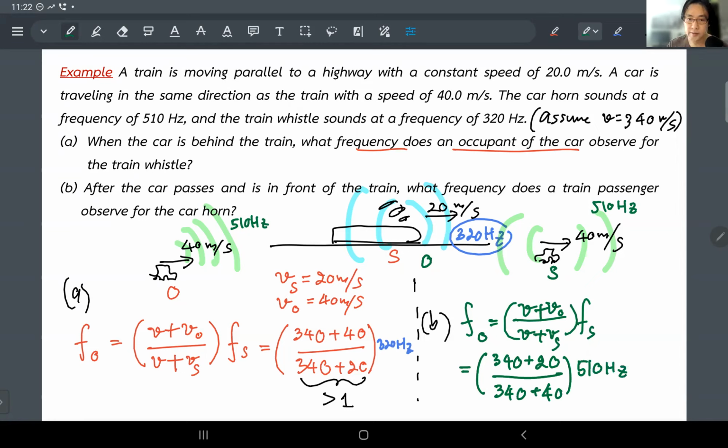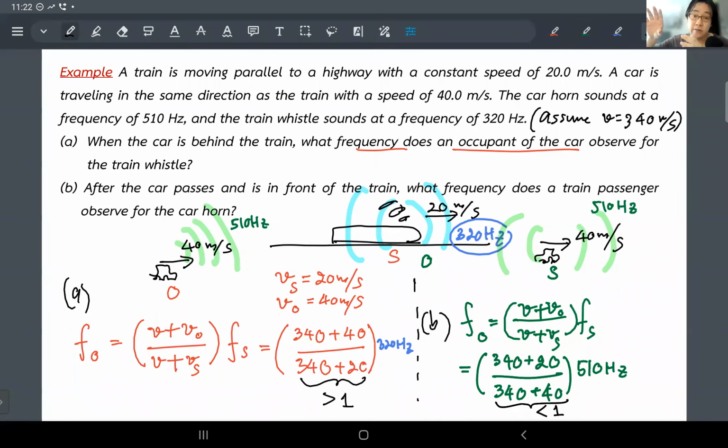Okay. Once again, if you notice, the value that you got from these brackets over here is less than 1. And as you can see from part A, the mathematics will take care of the final result. The reason this one is less than 1 is because from the perspective of the observer, which is the passenger on the train, the car is actually running away, because the car is faster, 40 meters per second, and the train is slower, 20 meters per second.